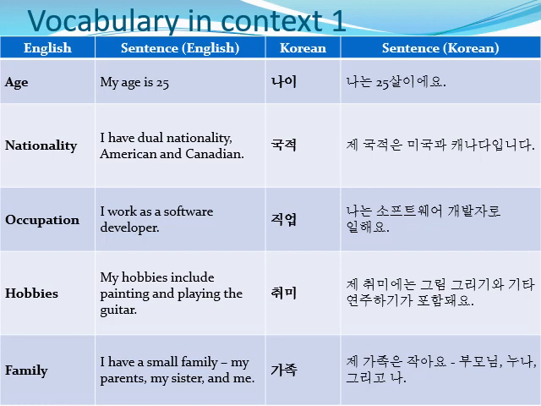I am a student. Hobbies. My hobbies include painting and playing the guitar. My hobbies include. Excellent. Family. I have a small family. My parents, my sister, and me. I have a family. Excellent.